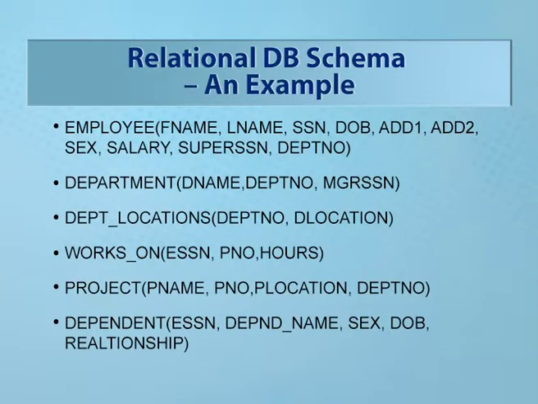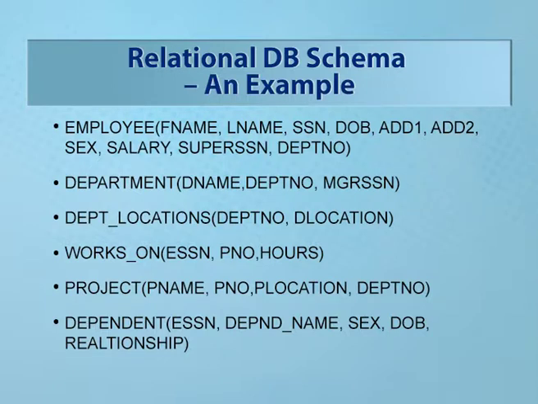Let us see an example. This is an example for a company. So here I had identified various relations: employee, department, department locations, works on, project and dependent. So these are the relations, six relations we had identified. Along with each relation we had identified the attributes also.